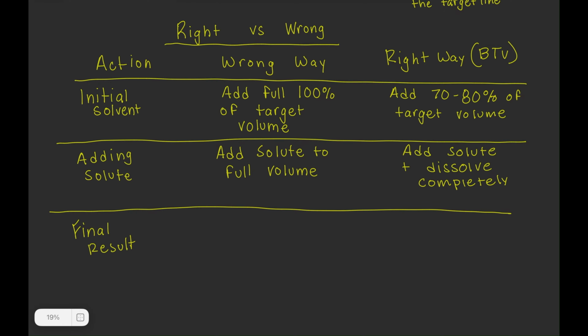And our final result, if we did it the wrong way, the volume will be greater than the target line, which would mean our concentration is too low.